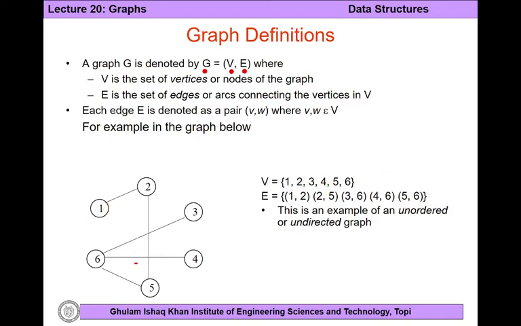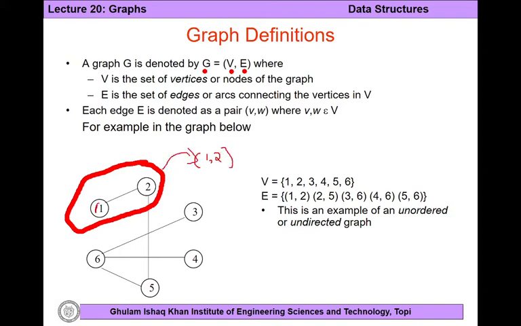So this example has 6 vertices. The edges do not have any name, so if we want to give one a name, since this edge is between 1 and 2, we call it (1, 2).